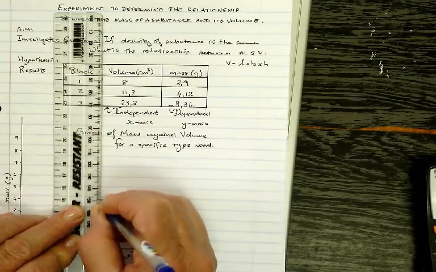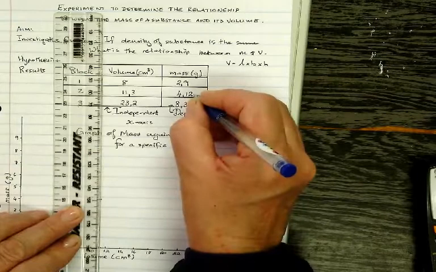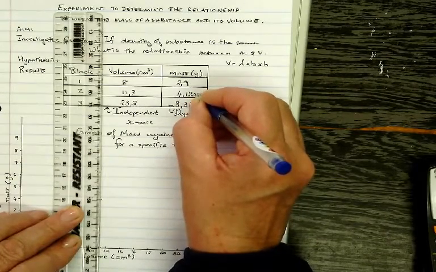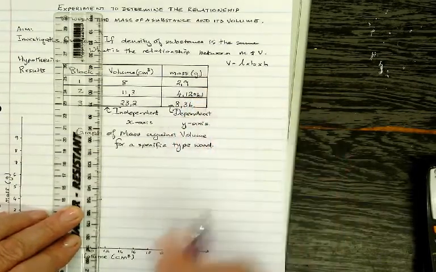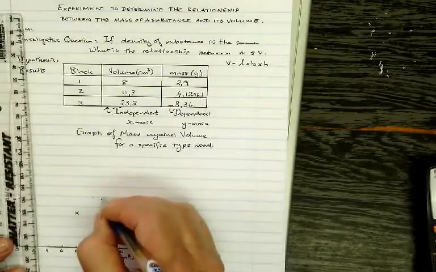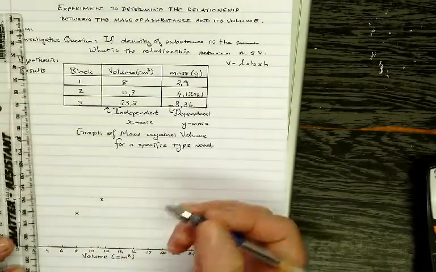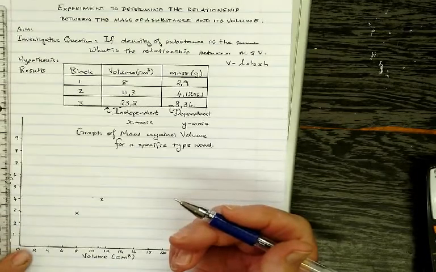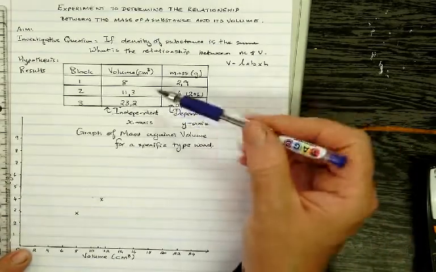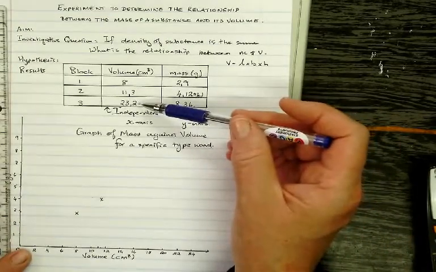So I'm rounding this to 4.1. Okay, so our second point is there.